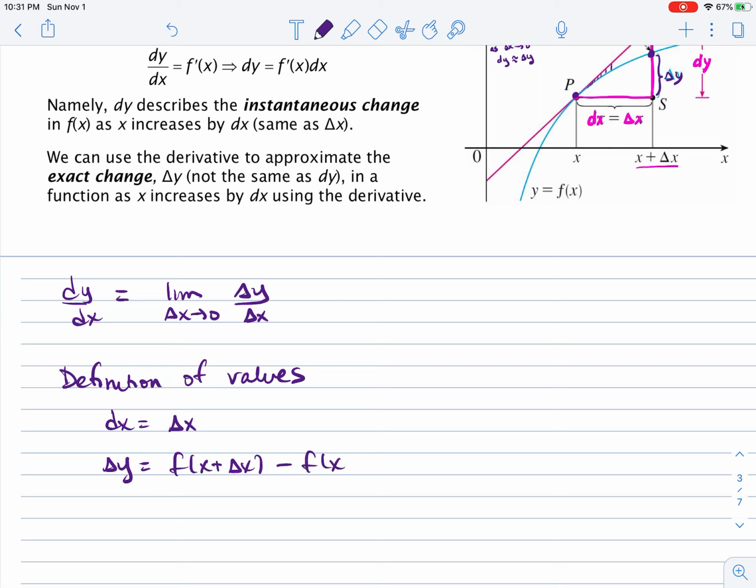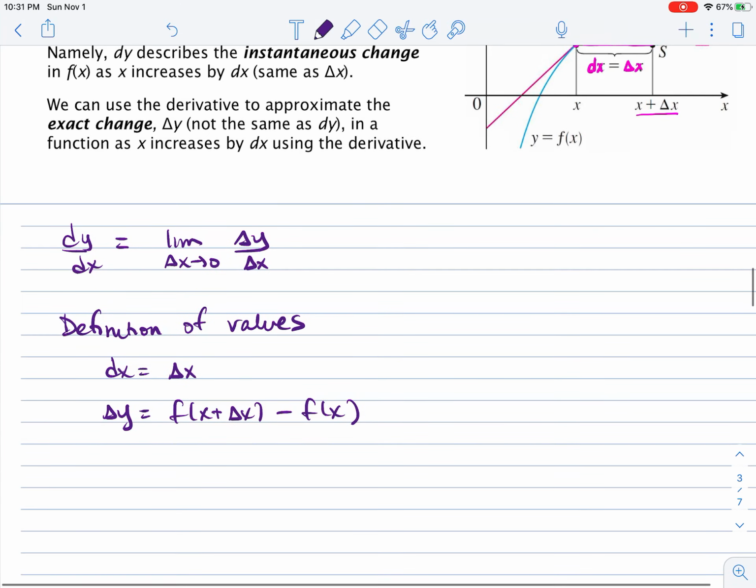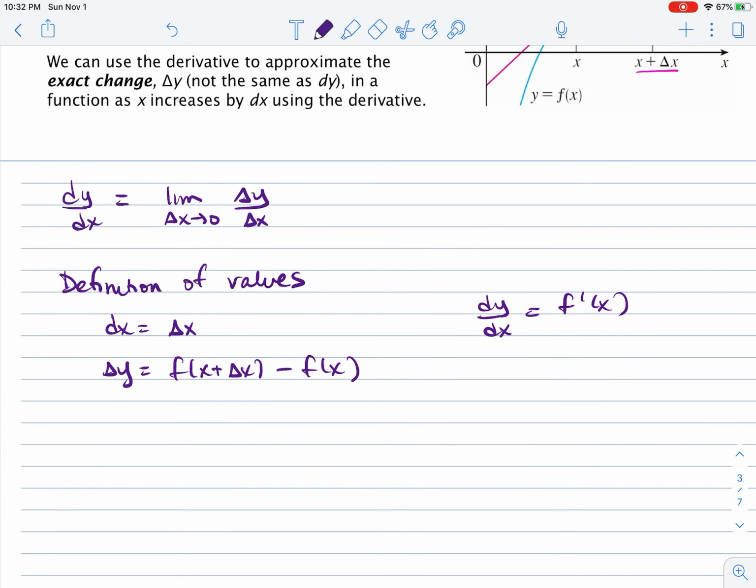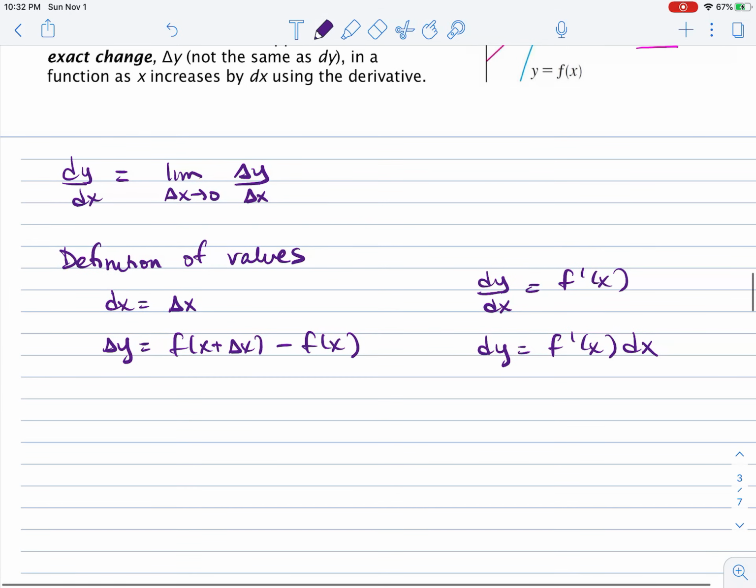Our delta y is the actual difference in function outputs. And using dy/dx equal to f prime of x, multiplying on both sides by that differential dx, we have that dy is equal to f prime of x dx.